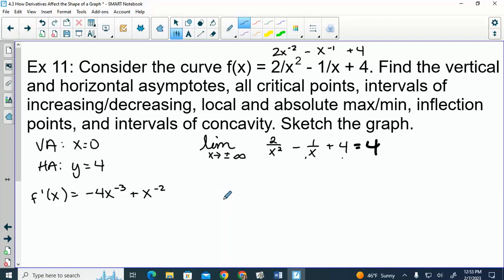So to find my critical points here, it's a little bit uglier. This is like saying negative 4 over x cubed plus 1 over x squared. And I want that to equal 0. What could you do to figure out what makes this 0?